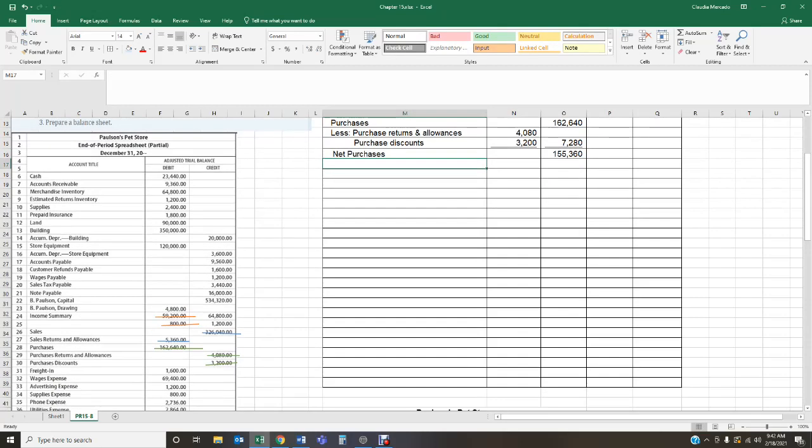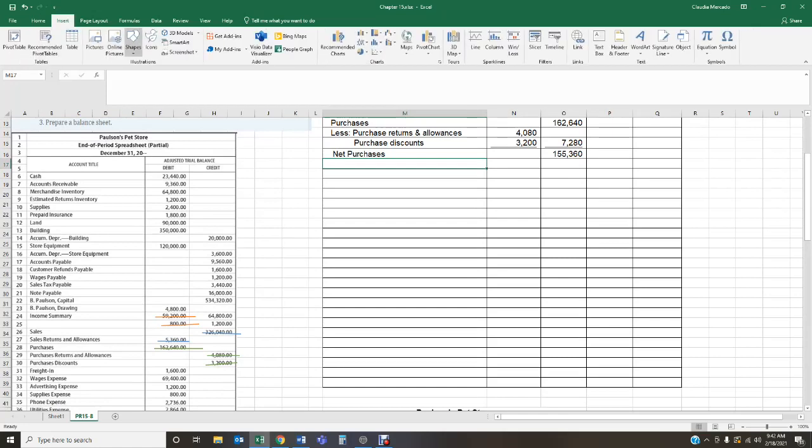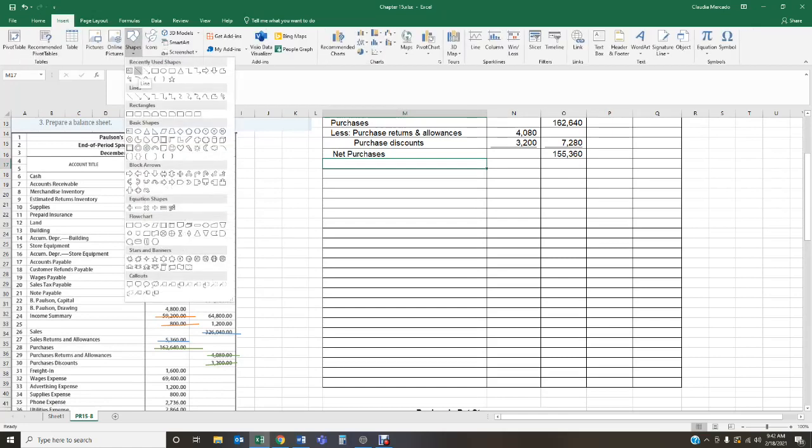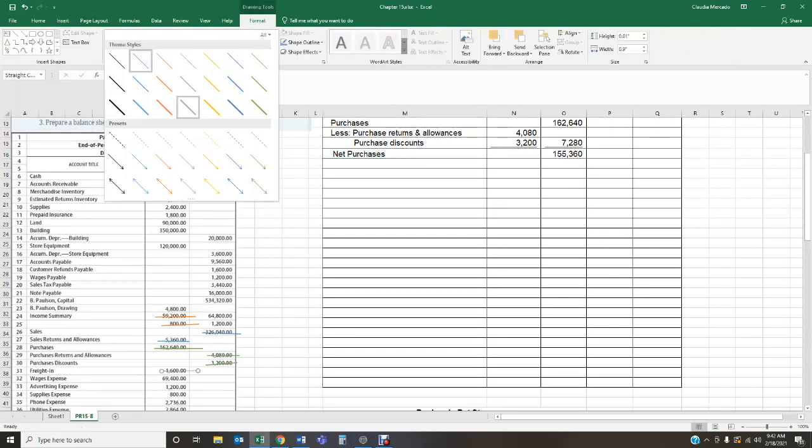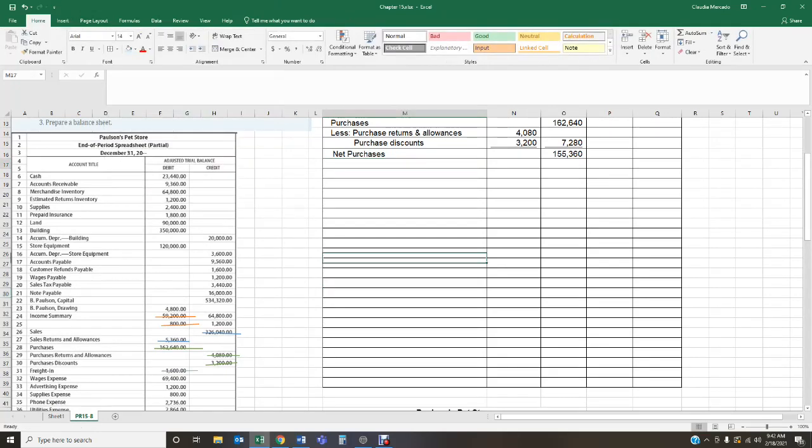Now there's another component right below it. We had to pay some freight. Okay, that freight is part of our cost. Okay, so we have a freight of $1,600. So I'm going to go ahead and add my freight in of $1,600.